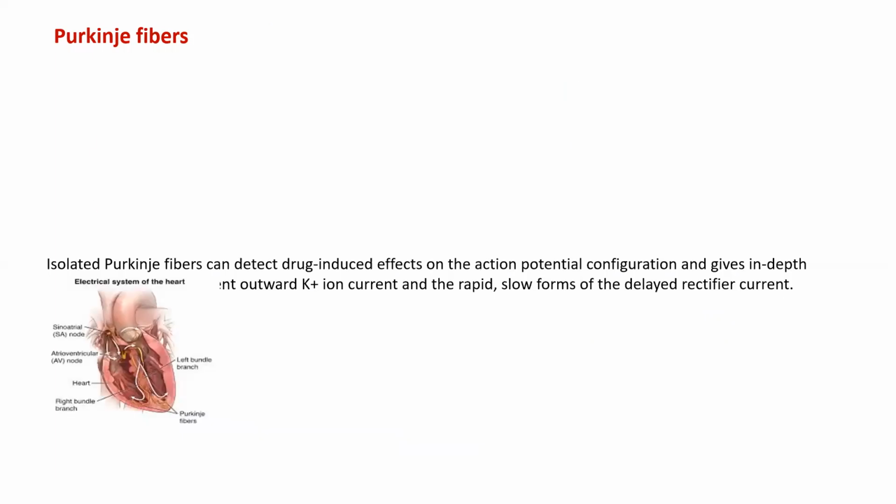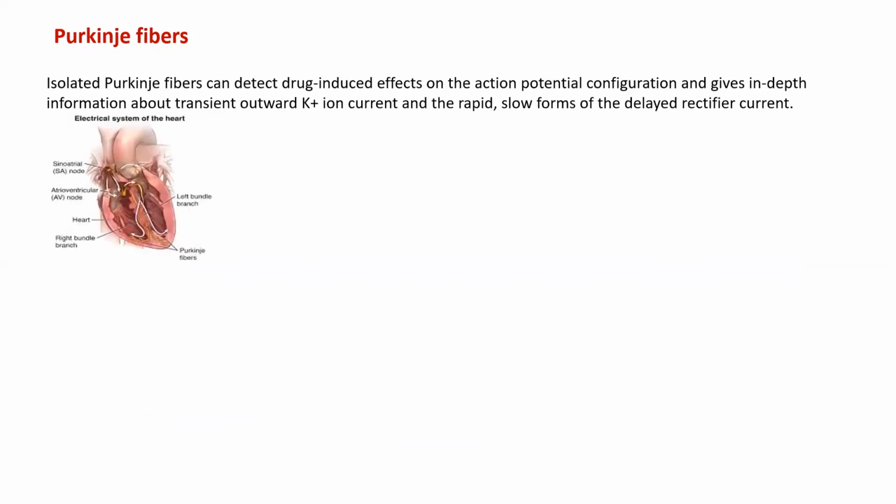Then the Purkinje fiber method, which, as you know, is an ex vivo method. Purkinje fibers play a very important role in the conduction and propagation of electrical impulses and are located in the inner ventricular wall of the heart.